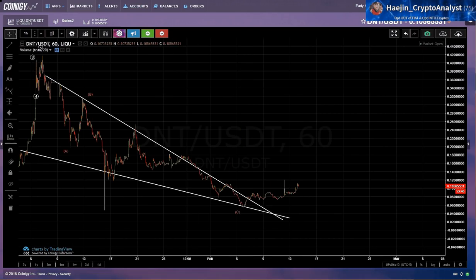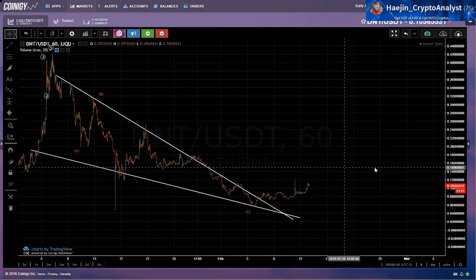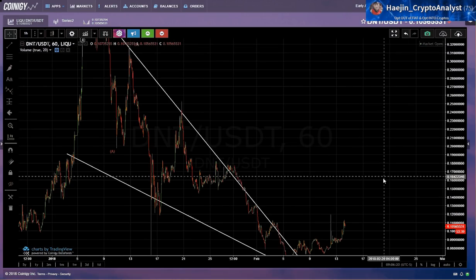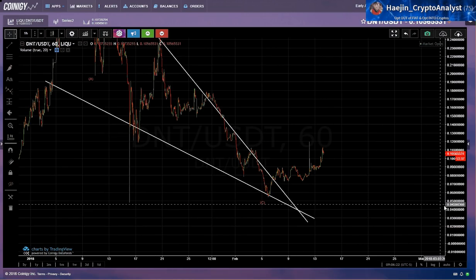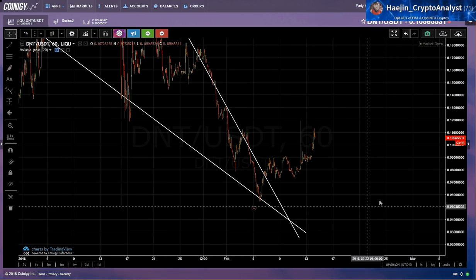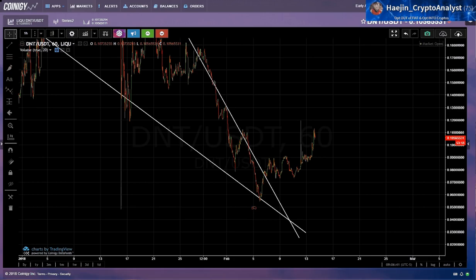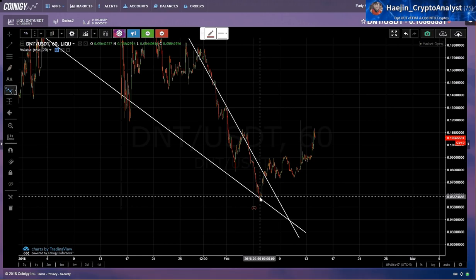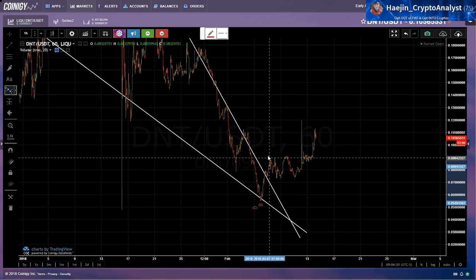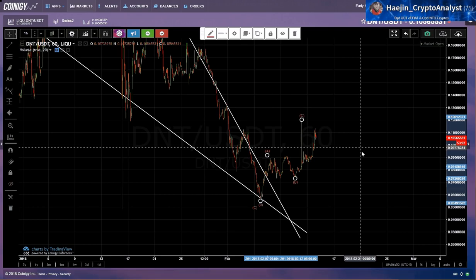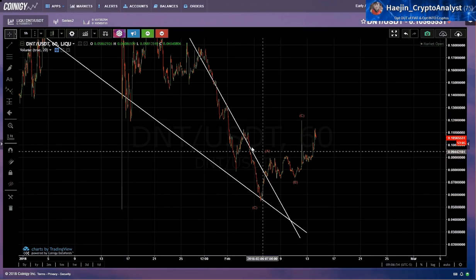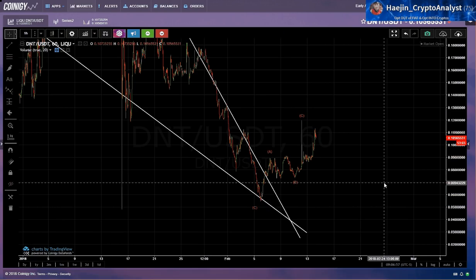So for that, we go to a higher resolution. For what it is right now, this looks very three-wave-ish. And when it looks three-wavish, what do you need to resolve that into an impulse?